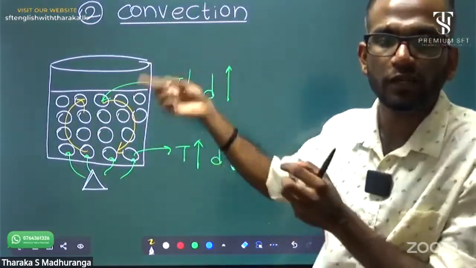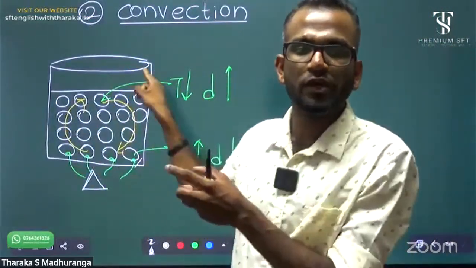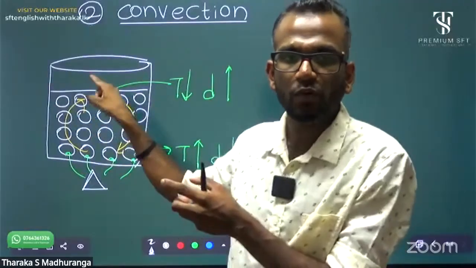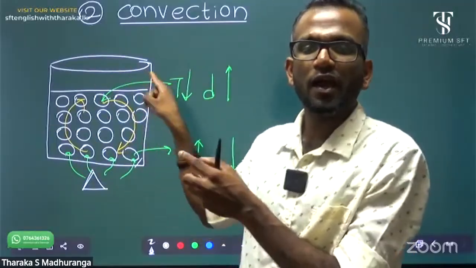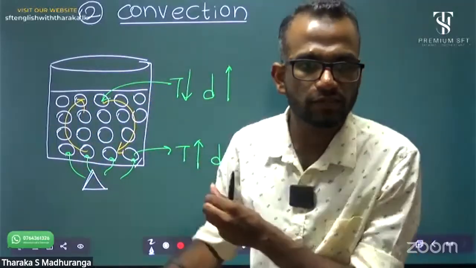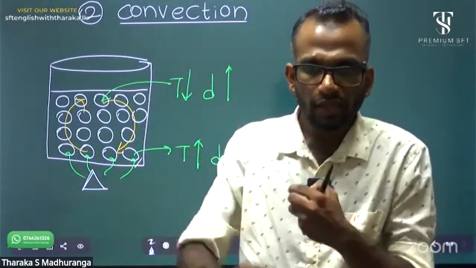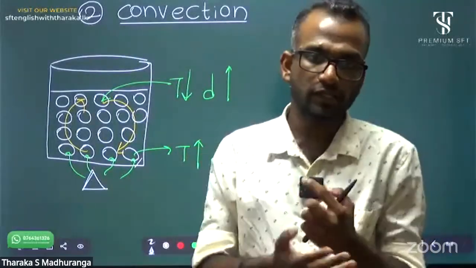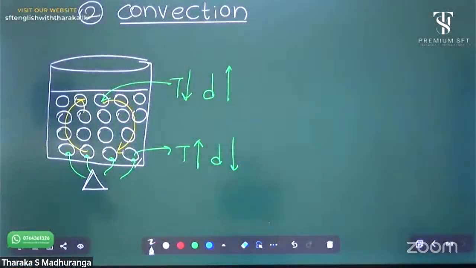Low density particles are heated and go up, and cold particles come down due to high density. Molecules circulate like this. That's why the entire water bath is heated. Understood?